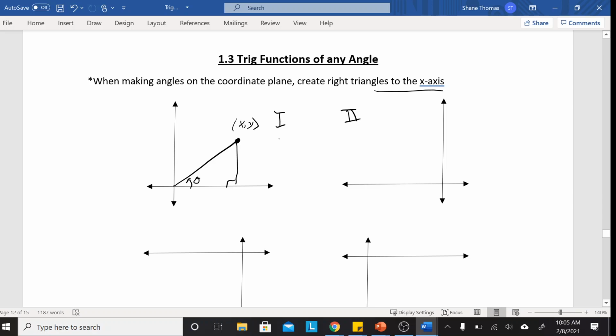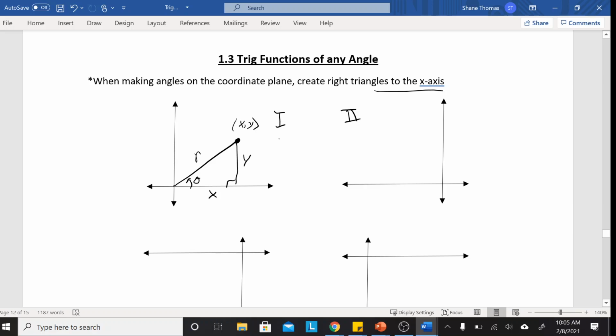Then our three sides are opposite, adjacent, those types of things. We're going to look at them in a different way today. This is your x value, whatever that might be. This is your y value. And this here is just called your radius. So that is what it would look like in quadrant one.